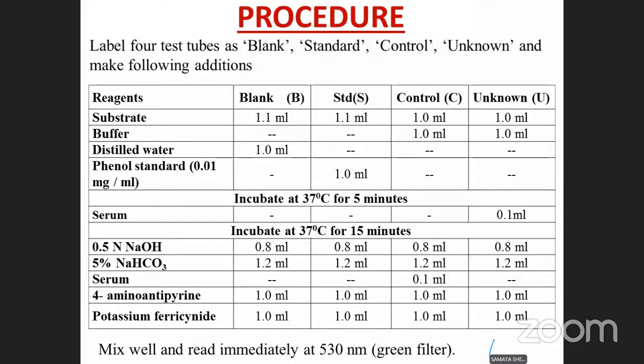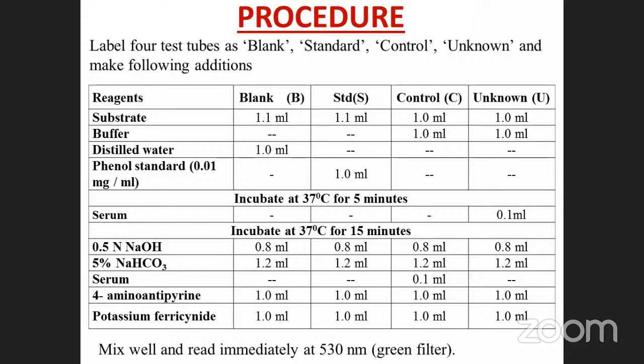In this tube, only phenol is liberated. And in standard, phenol is directly provided. Standard means standard phenol solution. But the reaction occurs in only the unknown tubes. And then here, incubate at 37 degrees for 15 minutes.